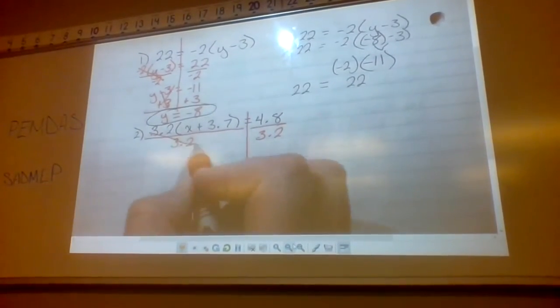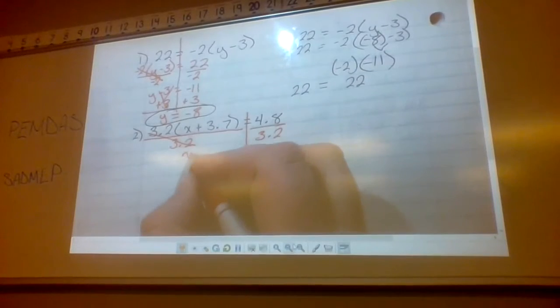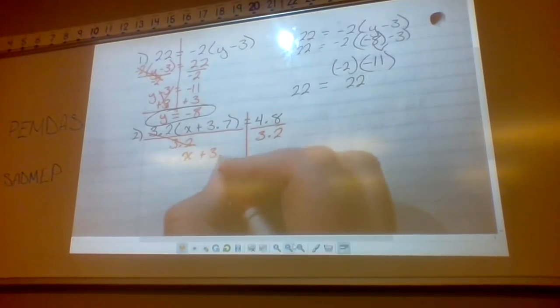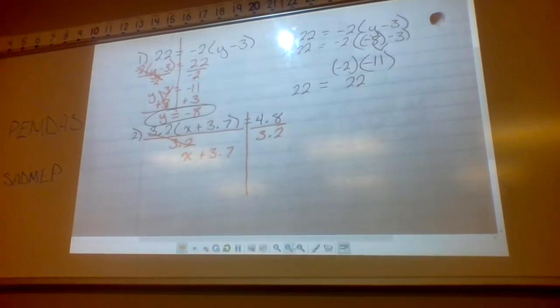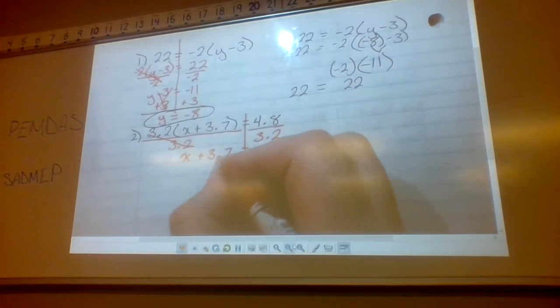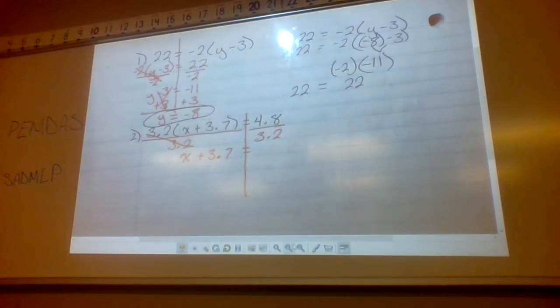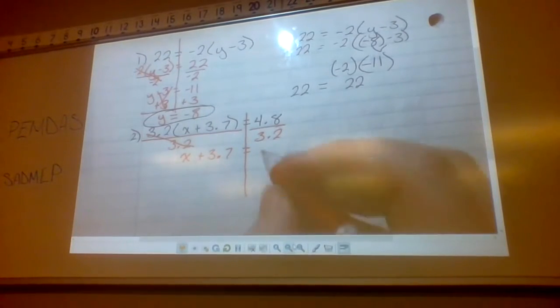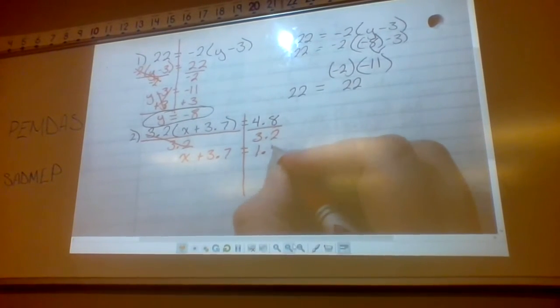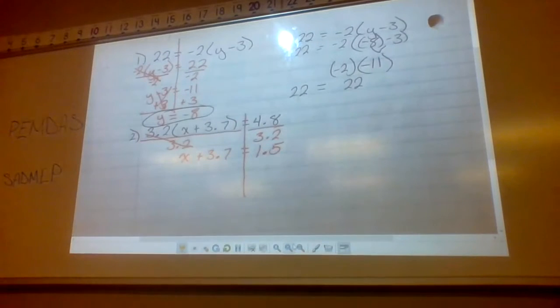Also, this can cancel out, and we have x plus 3 7/10 equals, what is 4 8/10 divided by 3 2/10? Calculator. It's 1.5. Is the variable isolated? No. What operation do you see? Addition.